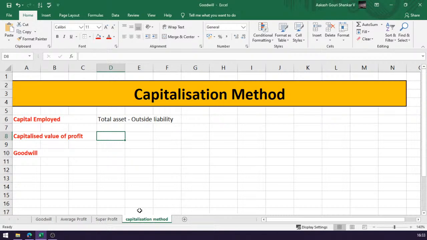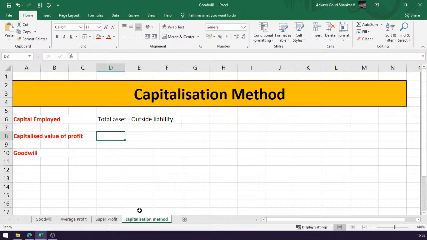To make it more clear, if the business is earning a profit of rupees 1 lakh, what is the amount of capital required to earn that profit of 1 lakh? That's what we are going to find out here.